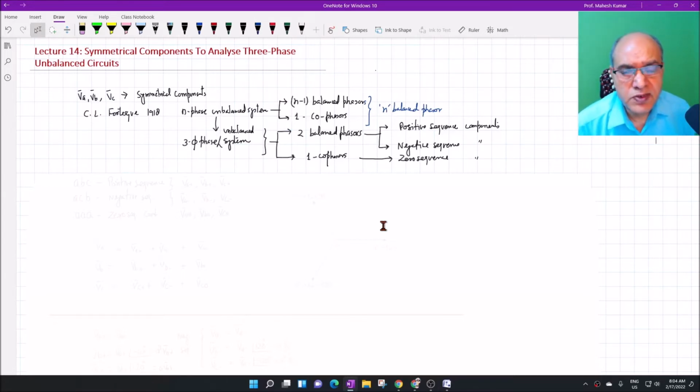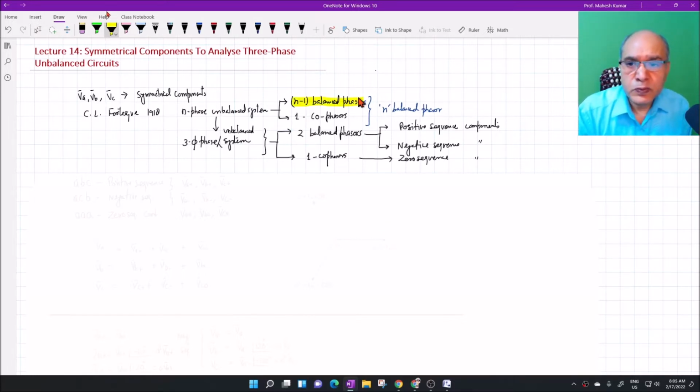The concept of symmetrical component was proposed in 1918 by C.L. Fortescue, who has given the theorem for n-phase system. C.L. Fortescue in 1918 presented a paper about n-phase unbalanced system.